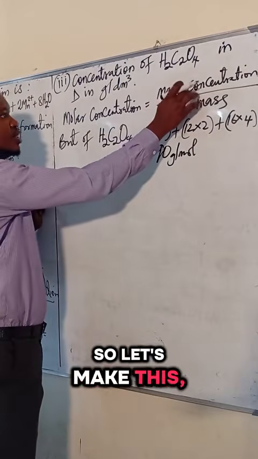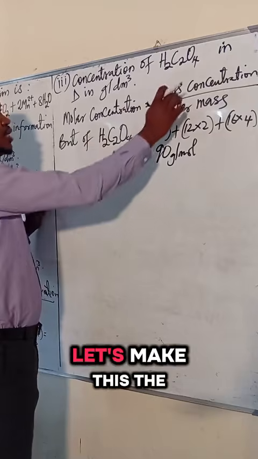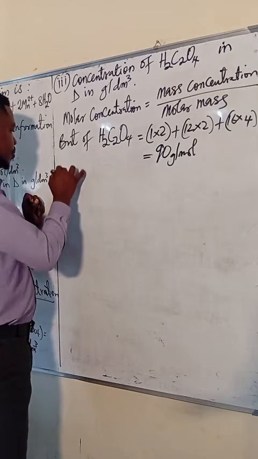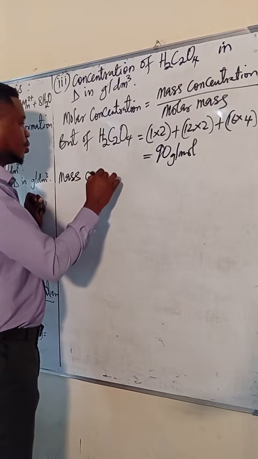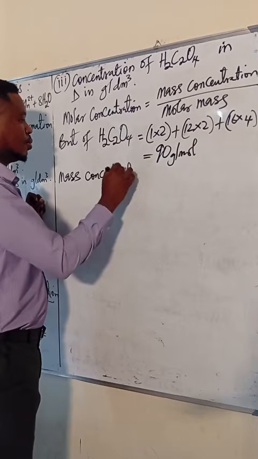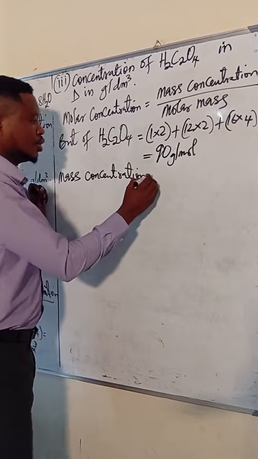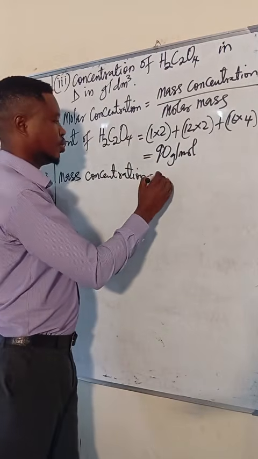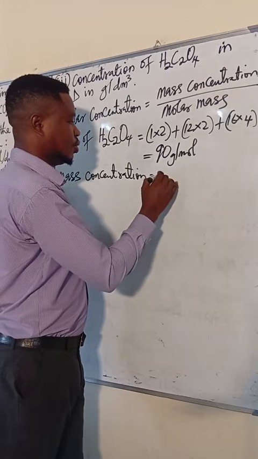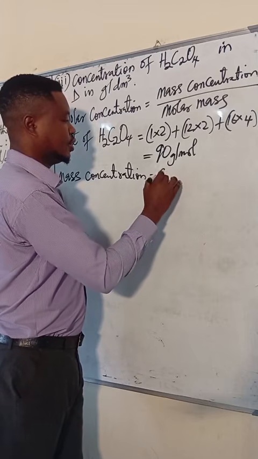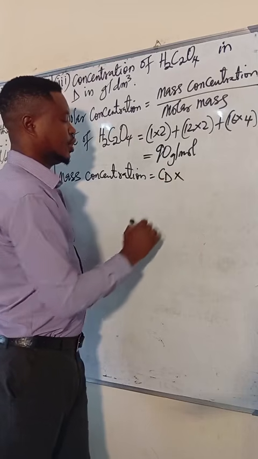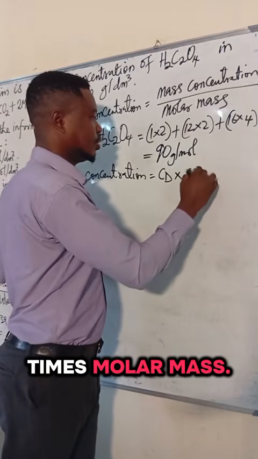So mass concentration is all we are looking for. Let's make this the subject of formula. Mass concentration is equal to CD times molar mass.